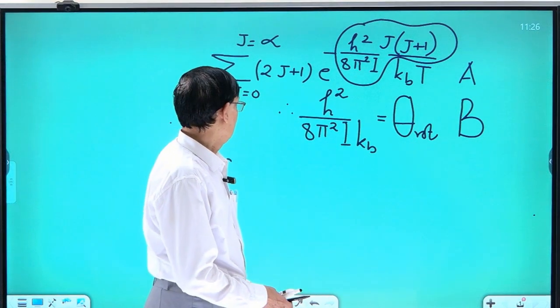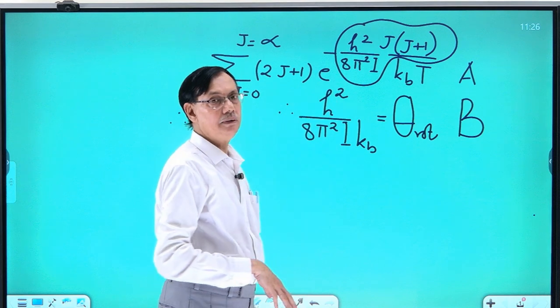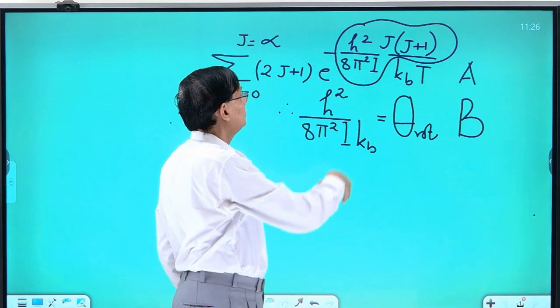So, now I am doing the derivation and I am getting these values.